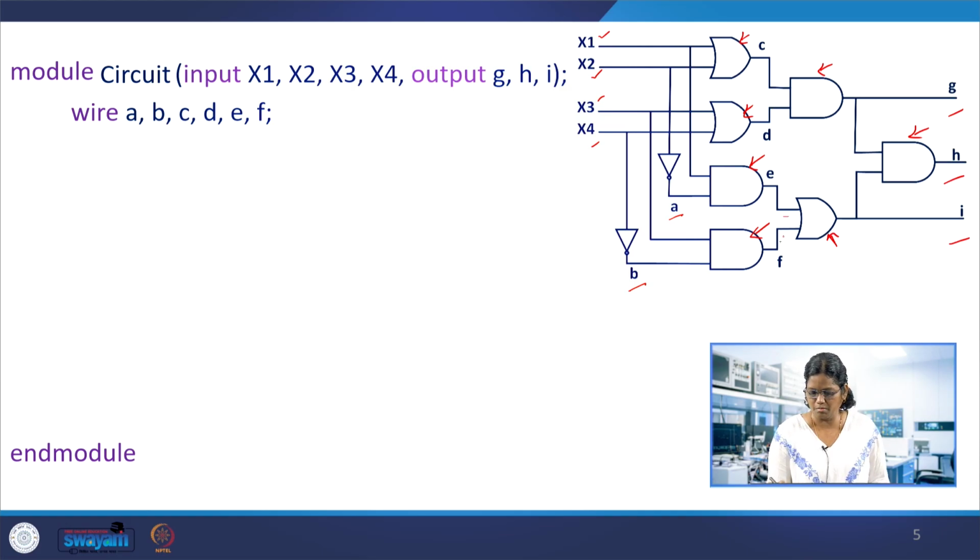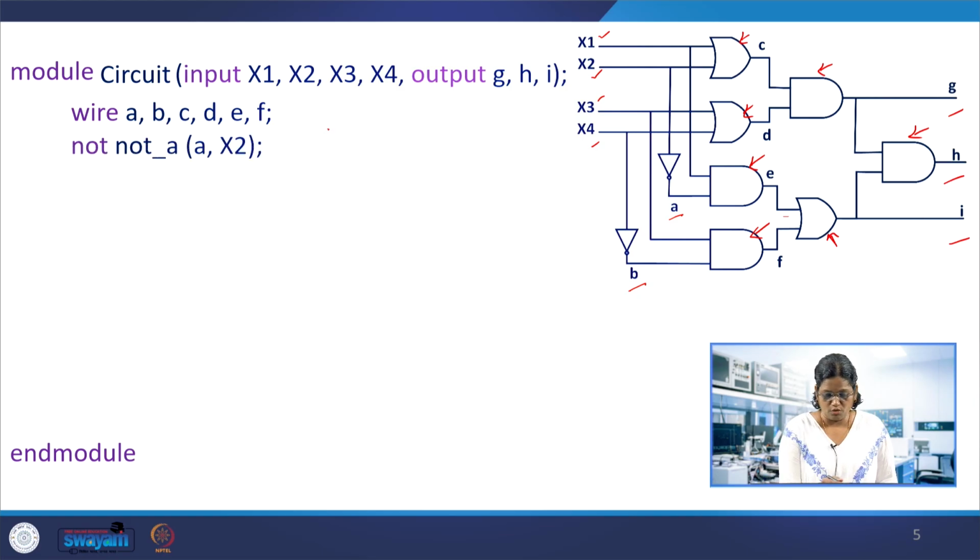E and F can be noticed here. So these need to be declared as wire. Why not G and I? These are outputs, so they need not be declared here as wire. This is already the output.